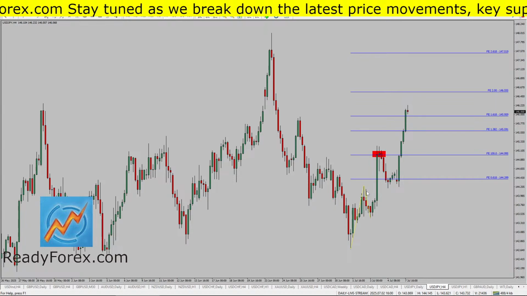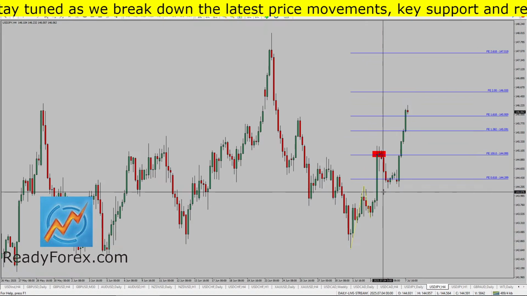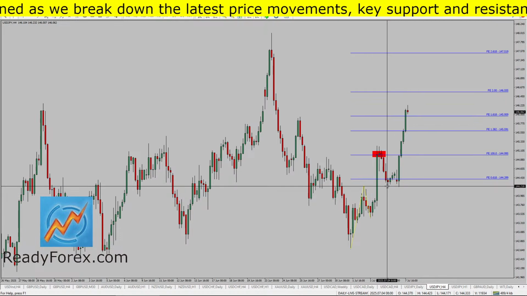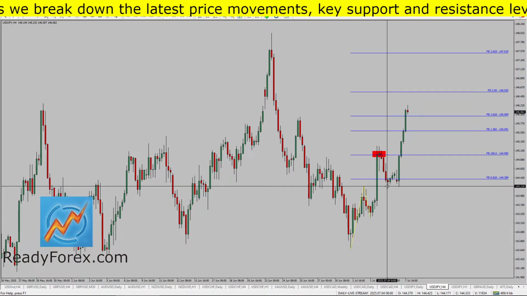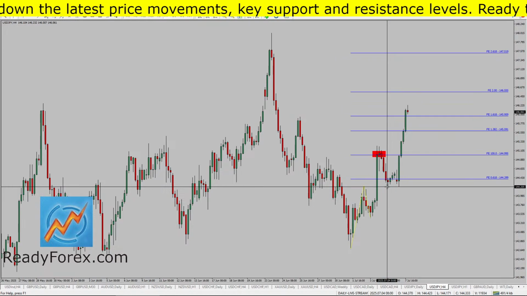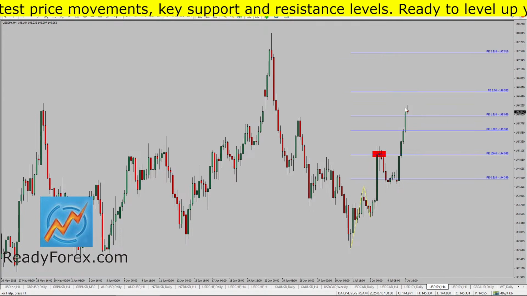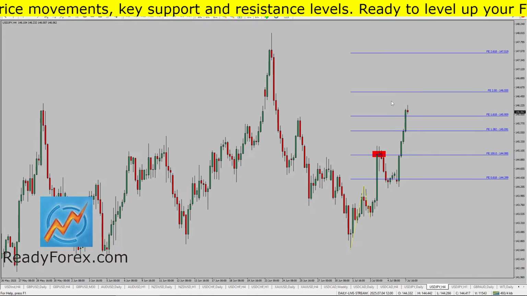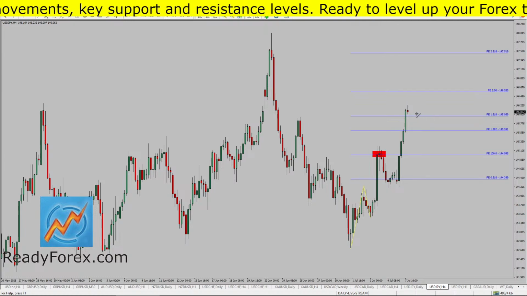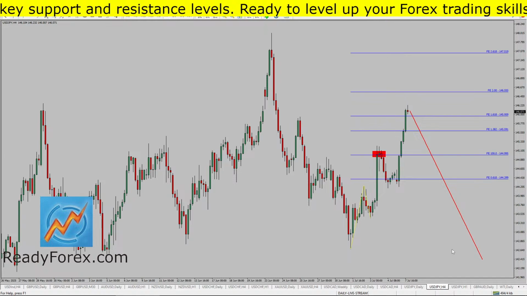In the 4-hour time frame, in this corrective price action, this is where we got the overlap right over here where I'm pointing my cursor. So the overlap basically suggests that this is not an impulse wave, and we could get a top, and the chances are price action is going to drop.